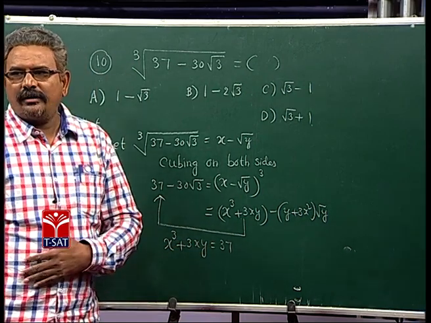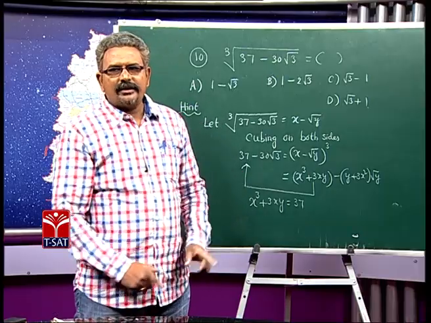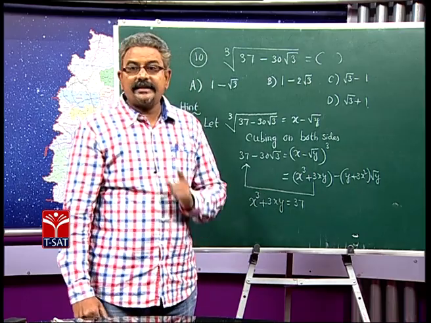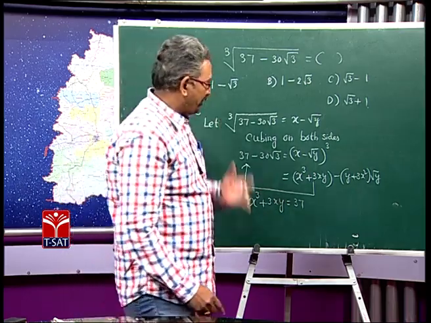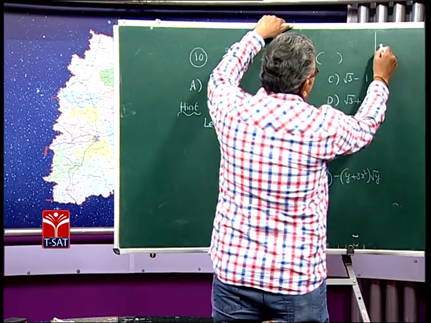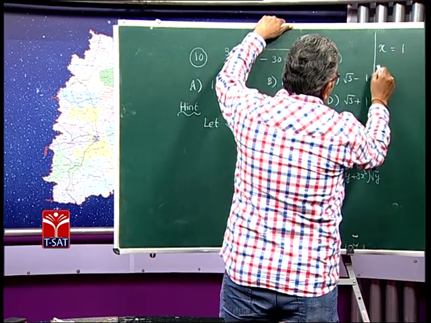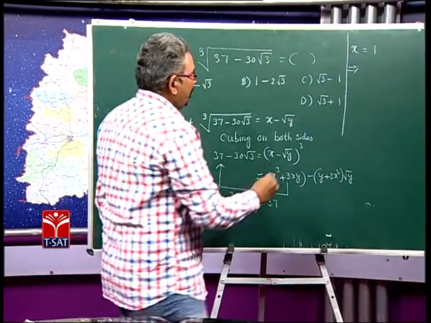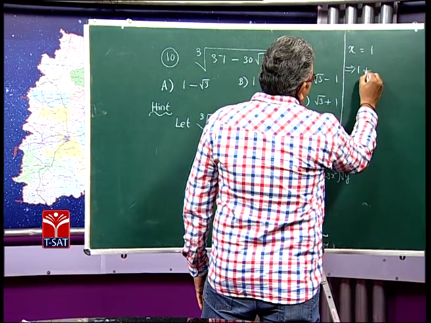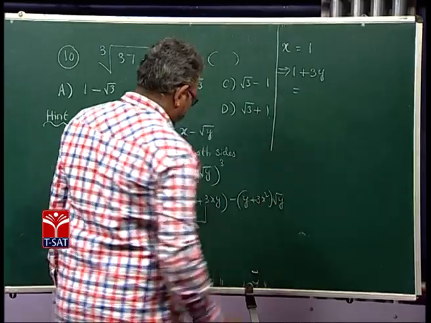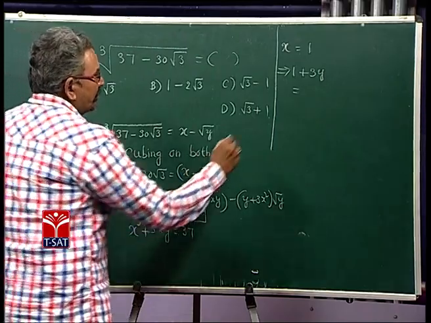There is no other method, just substitution. So we have to substitute first x is equal to 1, trial and error method. So if you substitute x is equal to 1, let us see what we get. 1 cube is 1 plus 3 into 1, 3y is equal to 37.